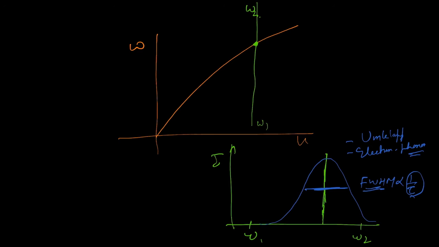So this tau was inversely proportional to this full width half maxima, but this tau would also change with the temperature. In the Umklapp processes, the energy has to be conserved, and some part of the momentum is transferred to the lattice through this G vector. If we go to higher temperature, more and more phonons are occupied.